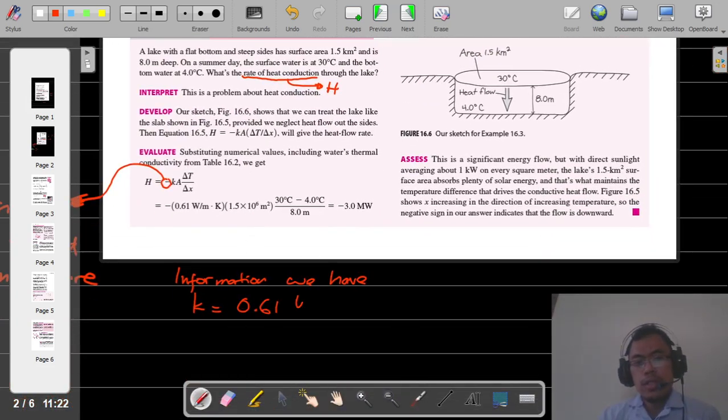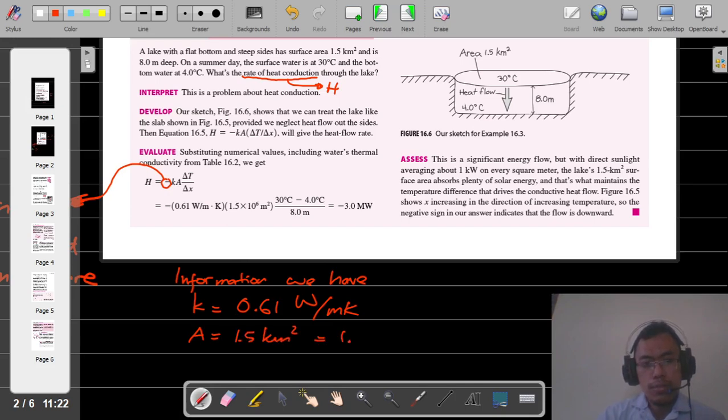And then the surface area of the lake is 1.5 kilometer square, or 1.5 times 10 to the power of 6 meter square.